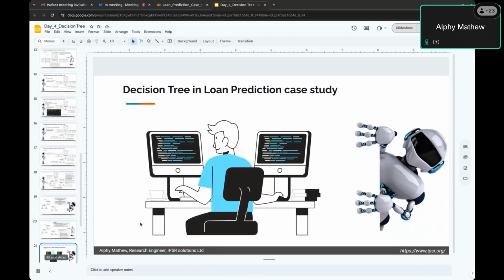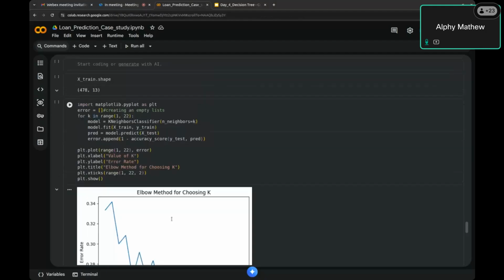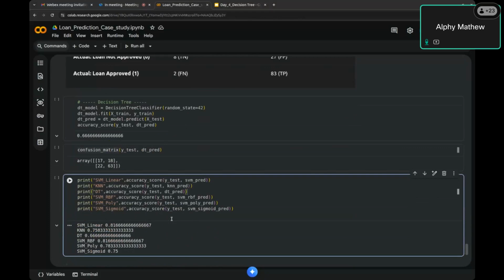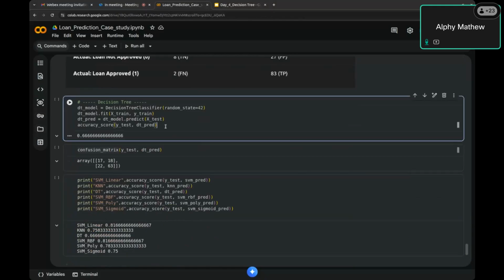So we are going to our loan prediction case study. Remember that for each fresh session in Colab, you need to rerun the code and re-upload the dataset. So when you try it out, please remember to rerun every cell.